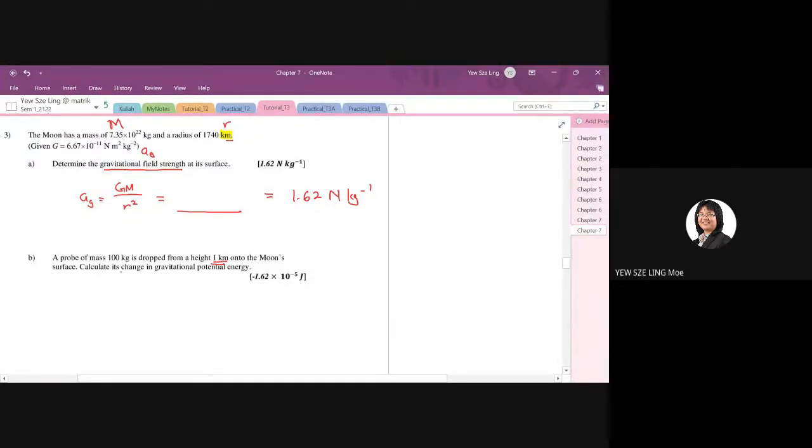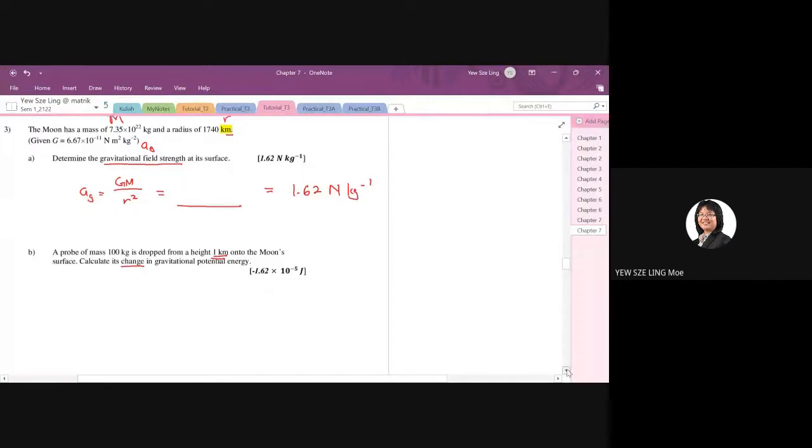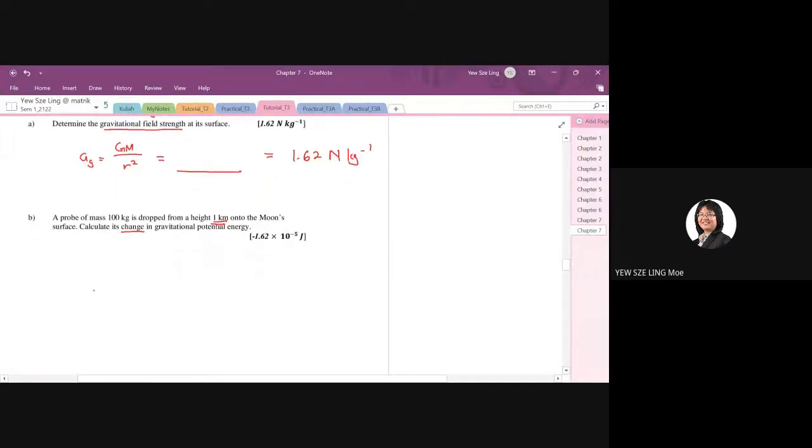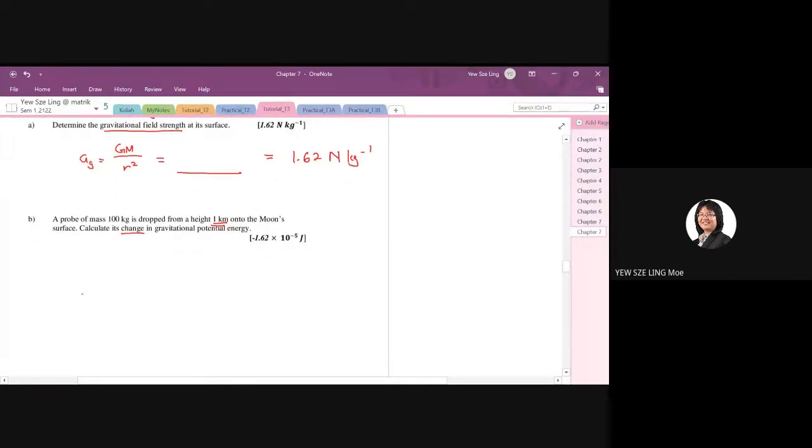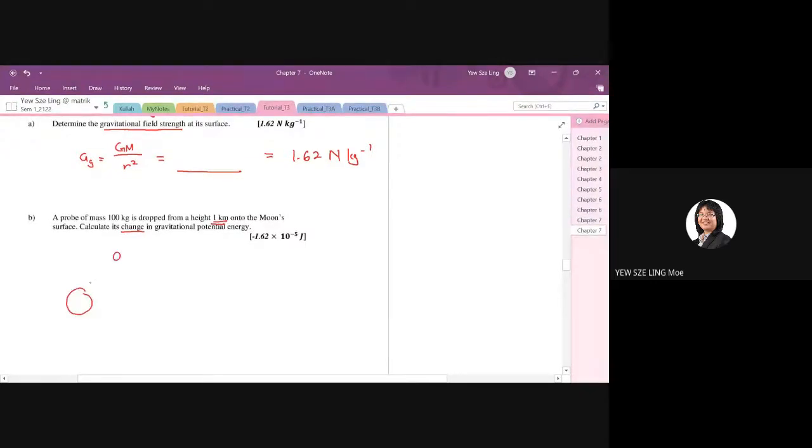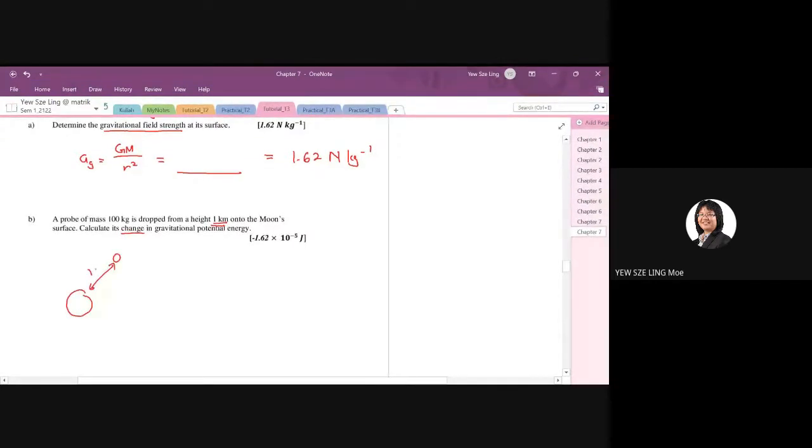Calculate the change in the gravitational potential energy. What do we have right now? We have the moon, and the probe is 1 km above the moon.